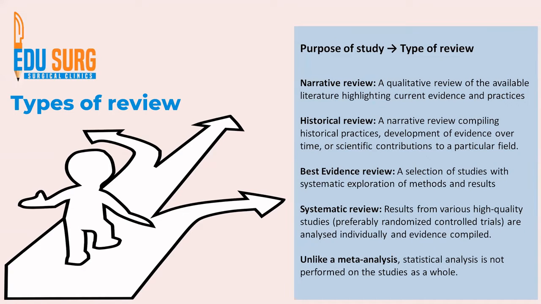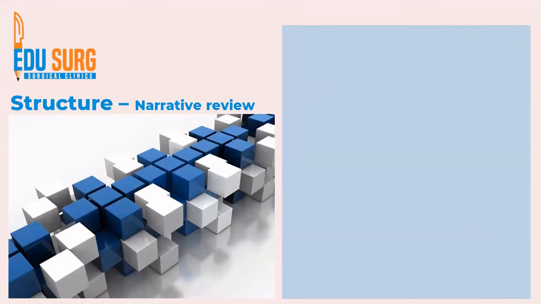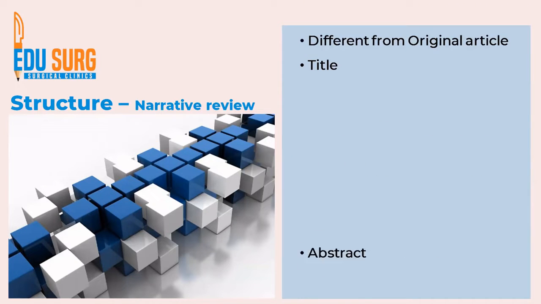If you do your own analysis on already published statistics, that is a meta analysis. If you are just presenting what is there in a compiled manner, then it is a systematic review. So these are some of the types of review: a narrative review, a historical narrative review, best evidence review, systematic review, and meta analysis.